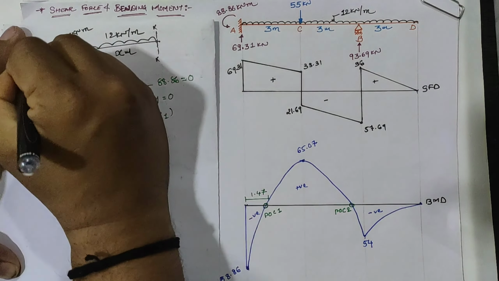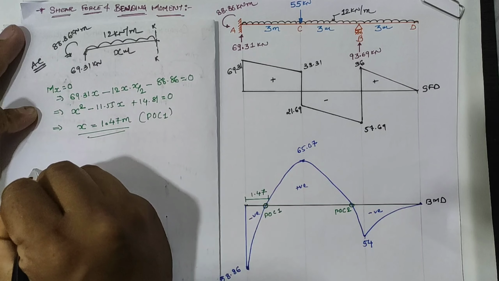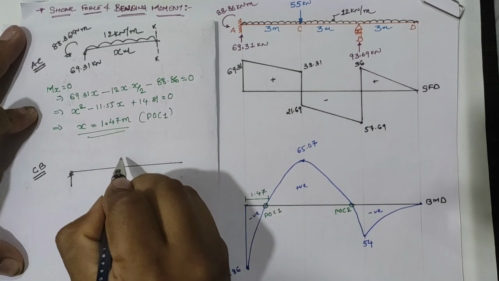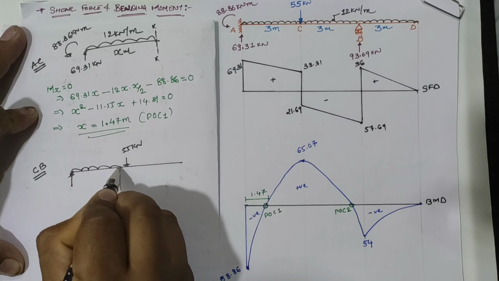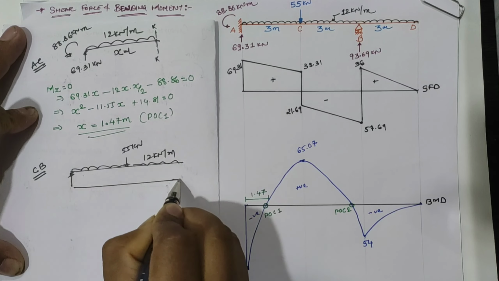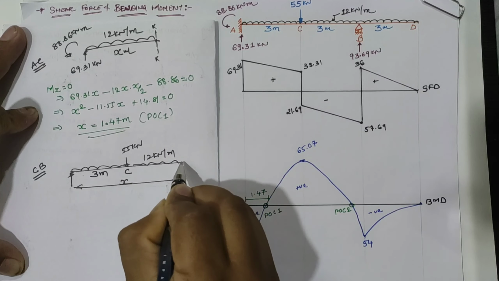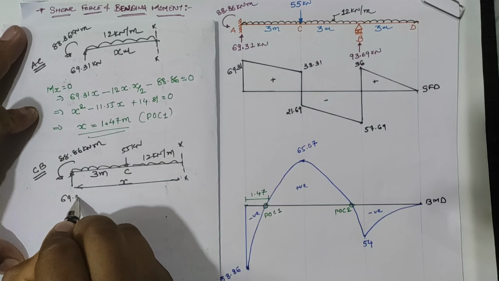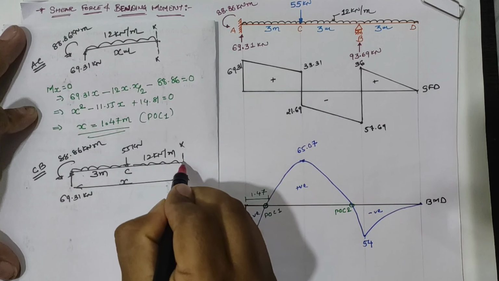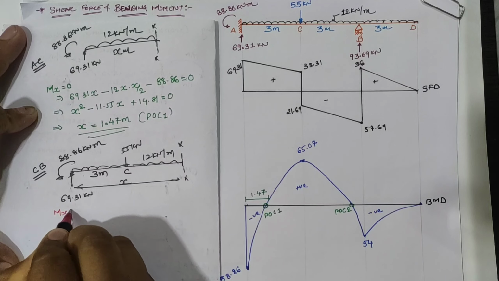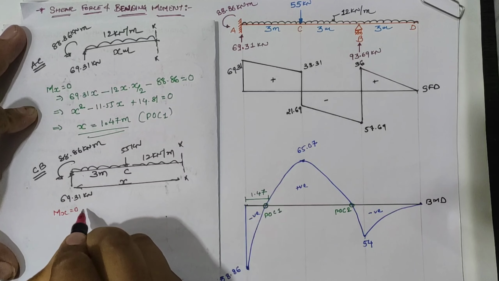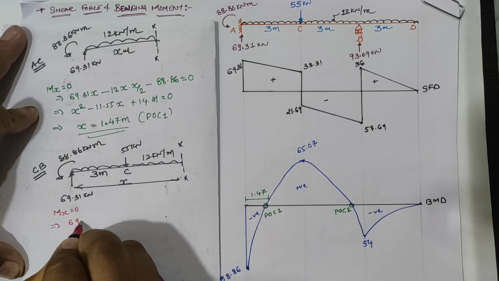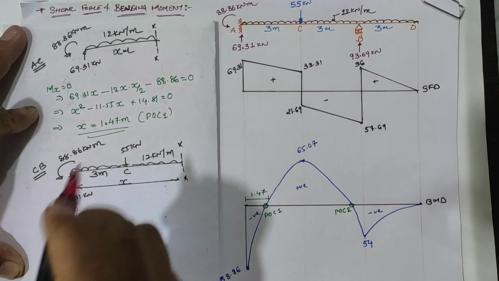Similarly, if we take a section between C to B, and take the moment at location XX, which must be equal to 0 as point of contraflexure 2, then our value for MX is 69.31 into X in clockwise direction.